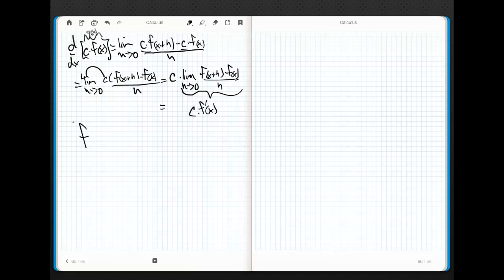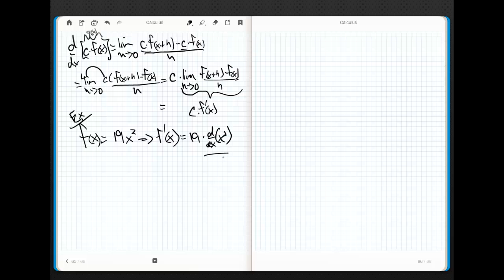For example, if I say that f of x is equal to 19x squared, well, that simply implies that f prime of x is equal to 19 times the derivative of x squared.